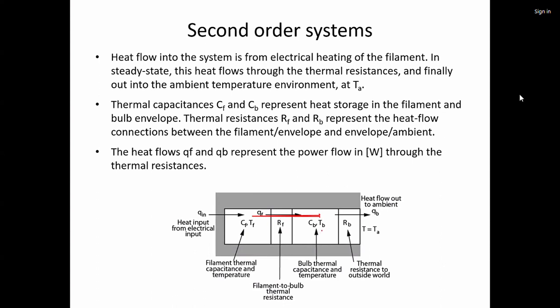Like in the first order system, between the bulb and ambient, you have the thermal resistance RB, which is the film resistance. Now, you have QF coming from the filament to the bulb, and QB coming from the bulb to the ambient.